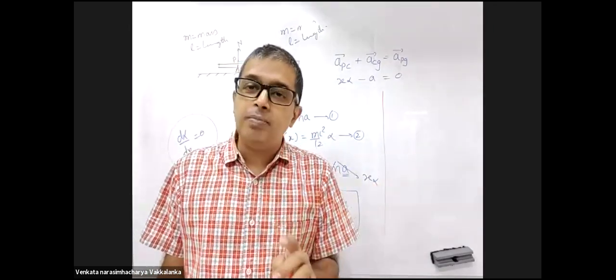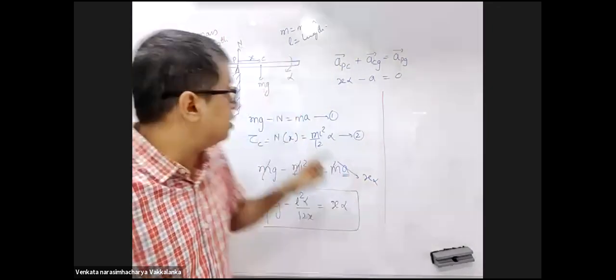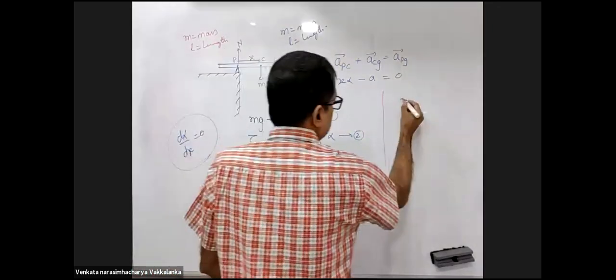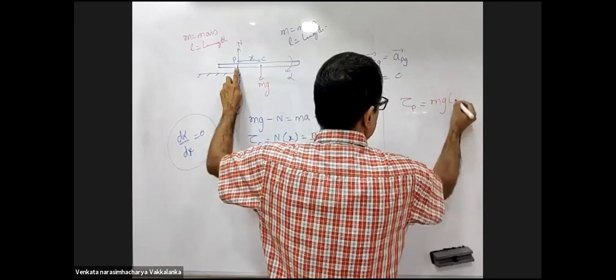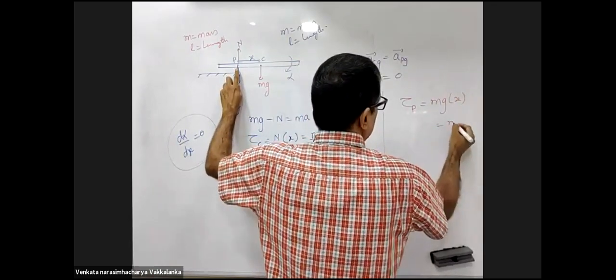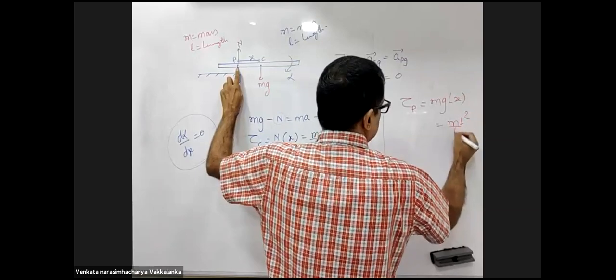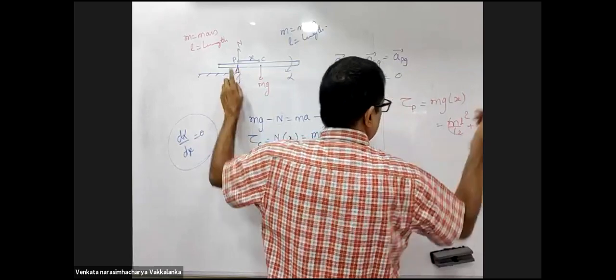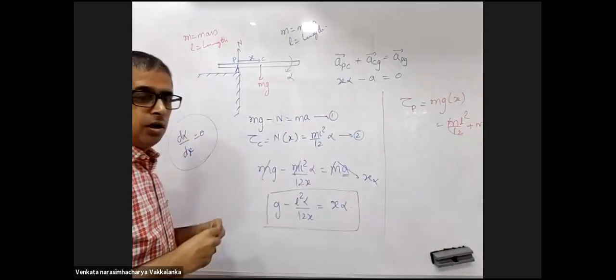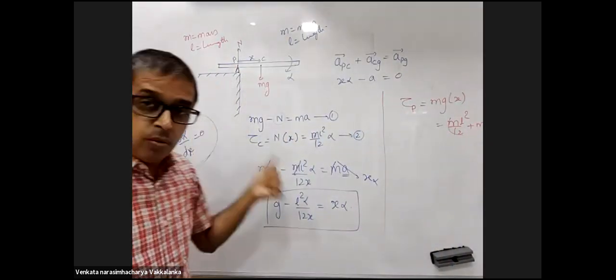How simple the simplification will become if you take the torque about the peg. There'll be only one equation. Torque about the peg is mg into x equated to ml square by 12 plus mx square into alpha. Torque about the peg. Advantage.